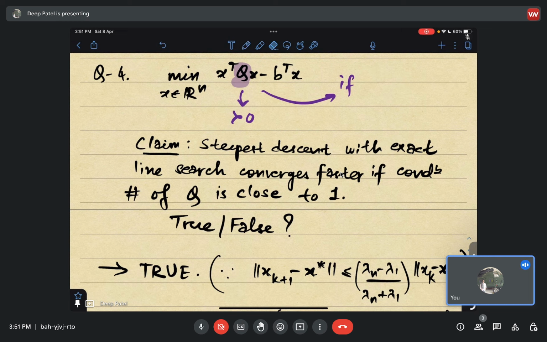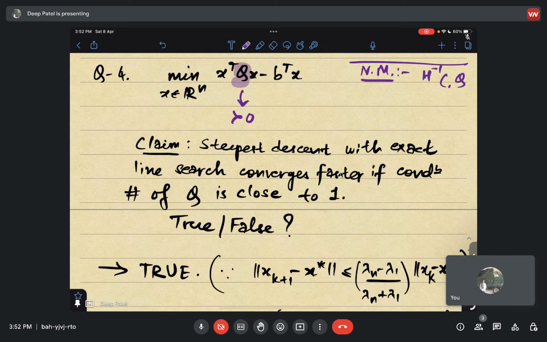But in general, maybe you can come to Newton methods, and it will probably make sense there. In Newton methods we need H inverse, which will be the Hessian. Q here, I mean Q inverse.